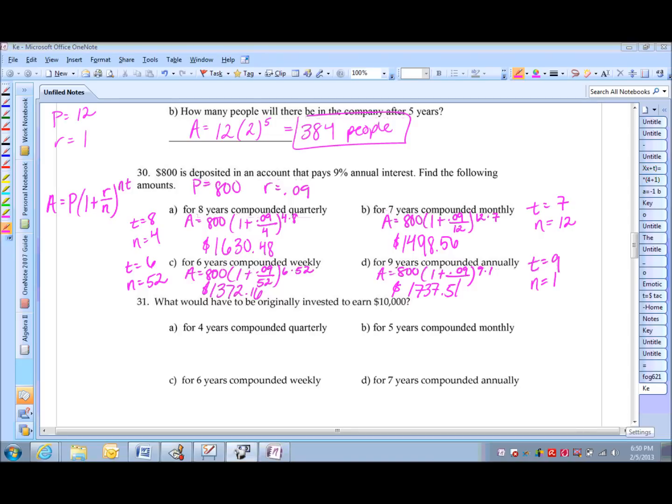In problem 31, they ask us what the original investment would have to be to earn $10,000. And it's the same as in problem 30, where they give us years and how much it's compounded each year.